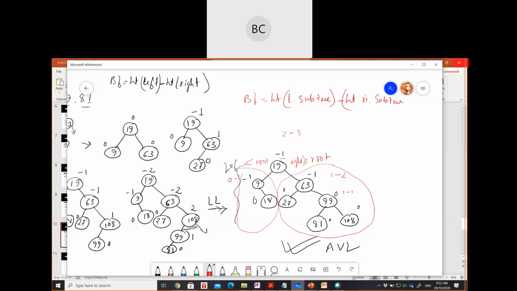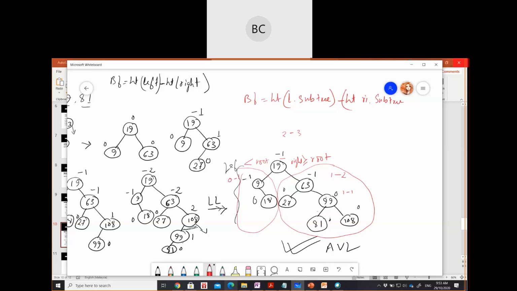Okay, in some books, or if you see even online, you will see sometimes they mix up the things. Means they say this one is an RR rotation, and they just mix up the LL rotation and RR rotation. Okay, don't get confused. Sometimes they just put it wrongly. They say single left is an LL rotation and single right is your RR rotation, but that's not the case.